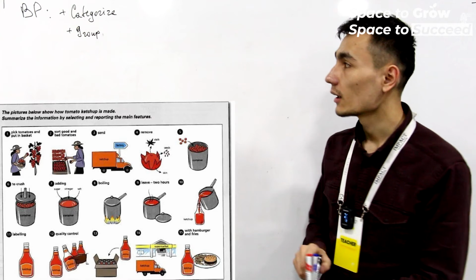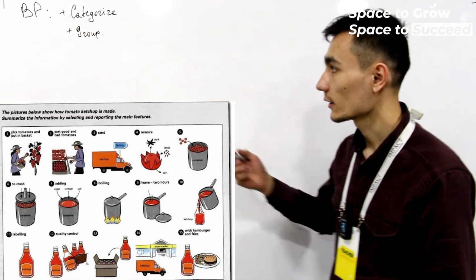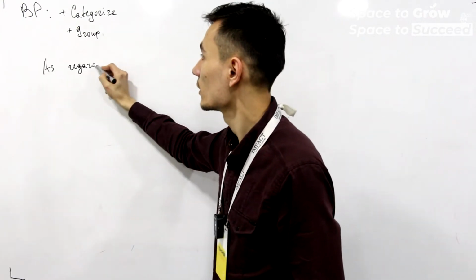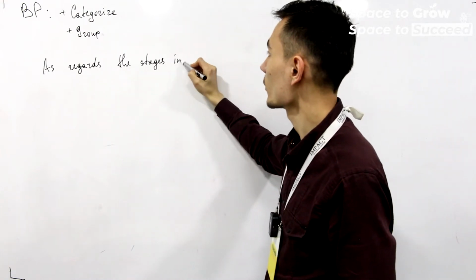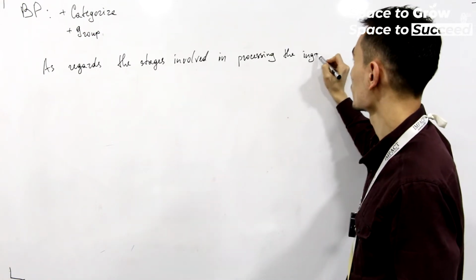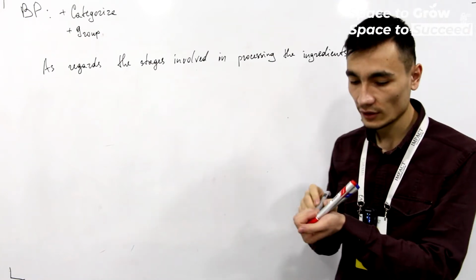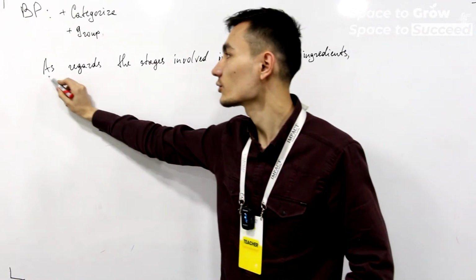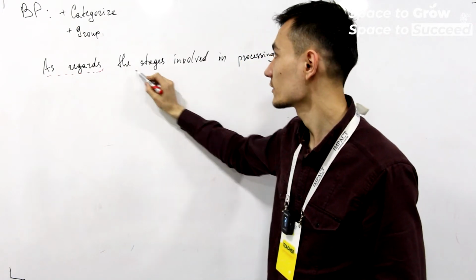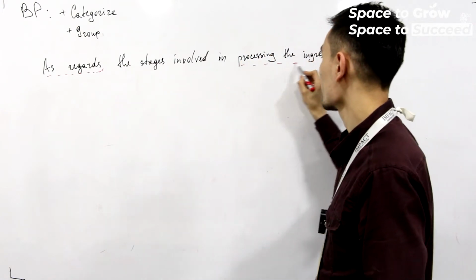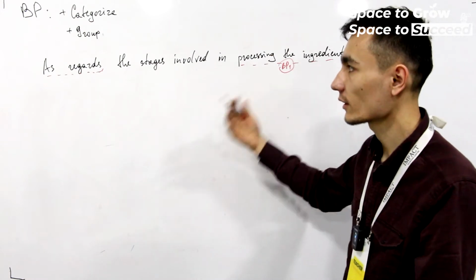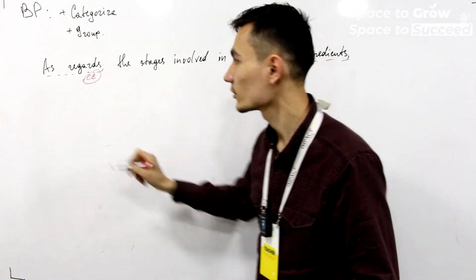We start this body paragraph in this format, with starting phrases: as regards the stages involved in processing the ingredients. As you see, we said "as regards" as an introducing structure to start our sentence, and we said "the processing the ingredient", which is our first body paragraph, and the first sub-procedure is coherence and cohesion.